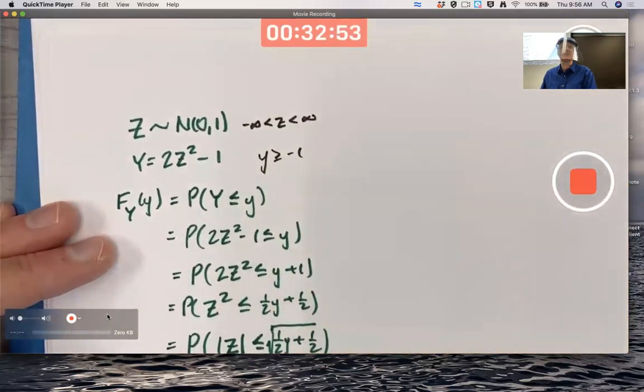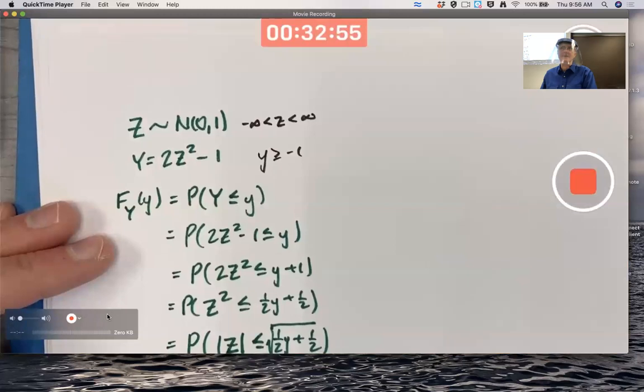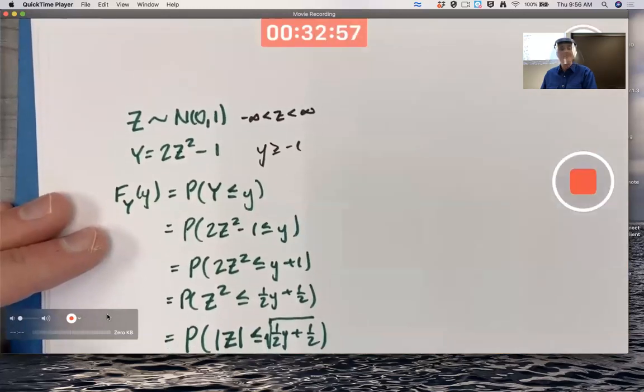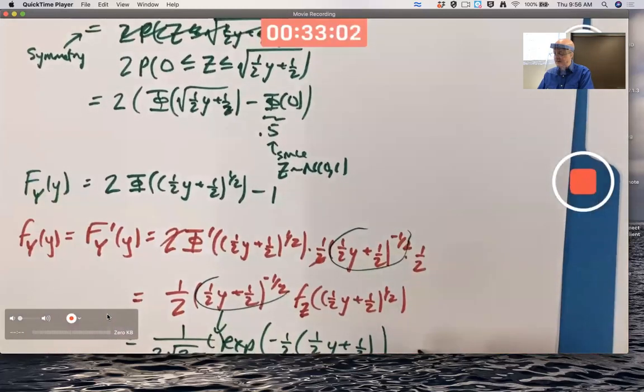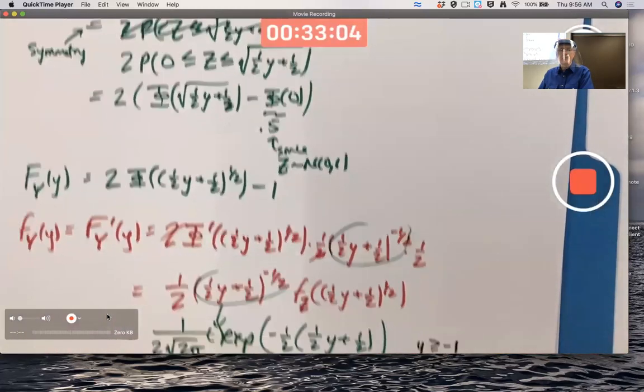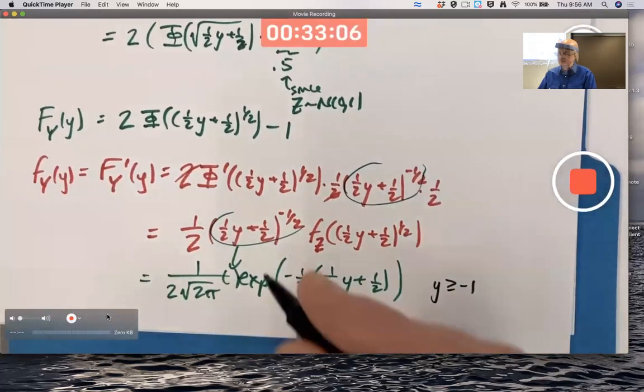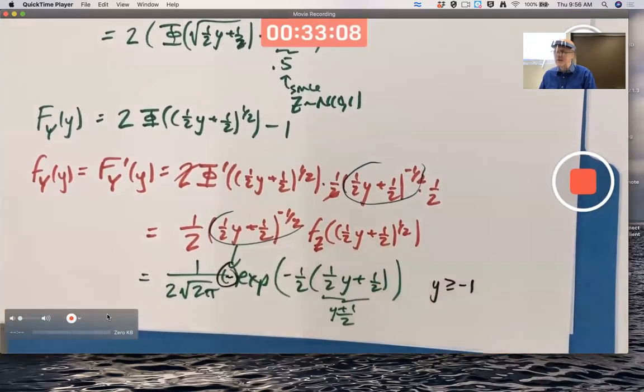It's not a big deal if you put greater than or equal to or just greater than, because it's a continuous random variable. This is for y greater than or equal to -1. Don't forget this part here.